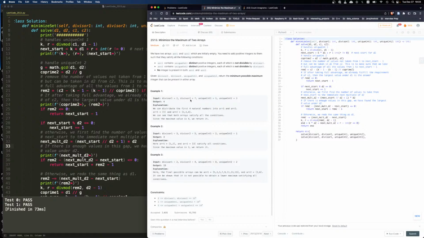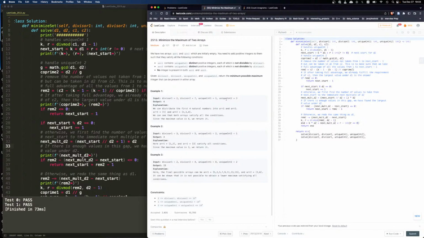That is the total number you cannot take, and the remaining values are the number you can take. Then we compare that value to unique count 1 plus unique count 2. If it's too big, we move it to the left. Otherwise, we move to the right.